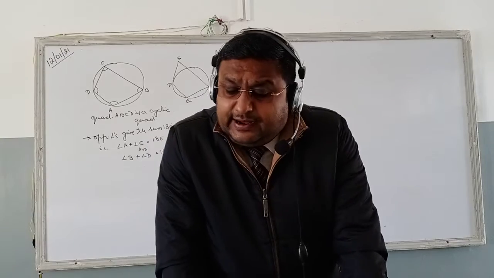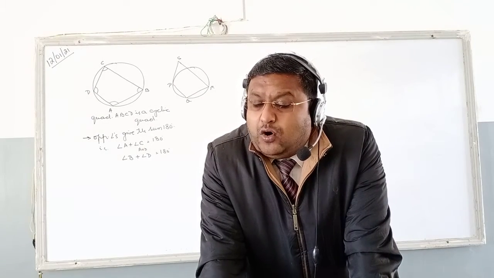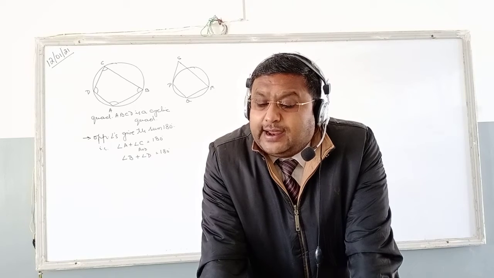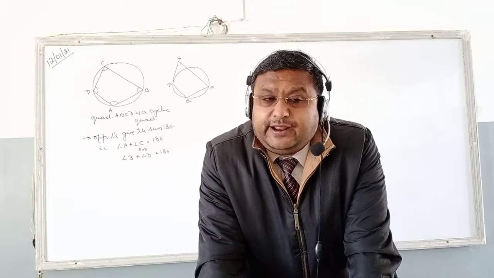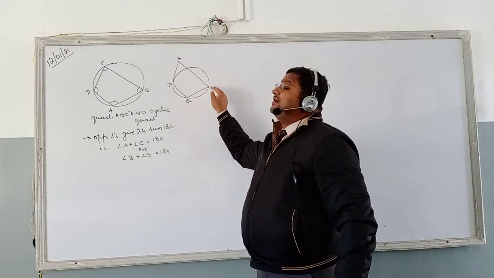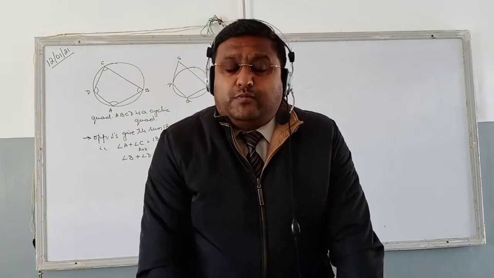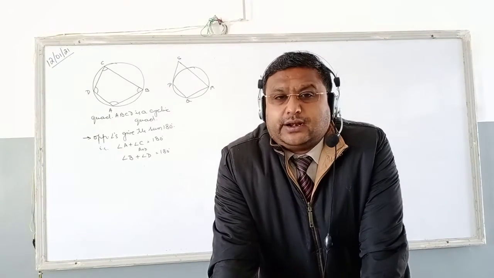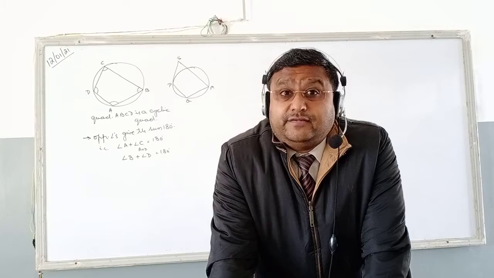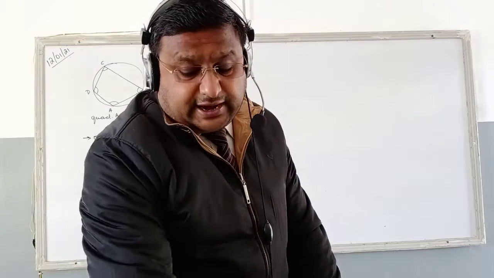Then 10.12, the converse of this, says if the sum of a pair of opposite angles of a quadrilateral is 180, any quadrilateral, then it is cyclic. So the most important property of a cyclic quadrilateral is that opposite angles give the sum 180. Clear, students?